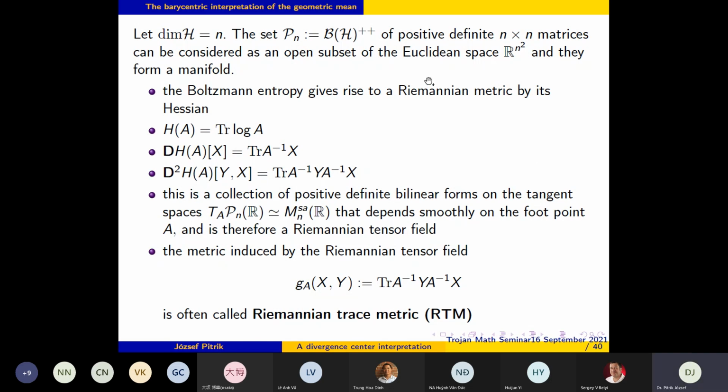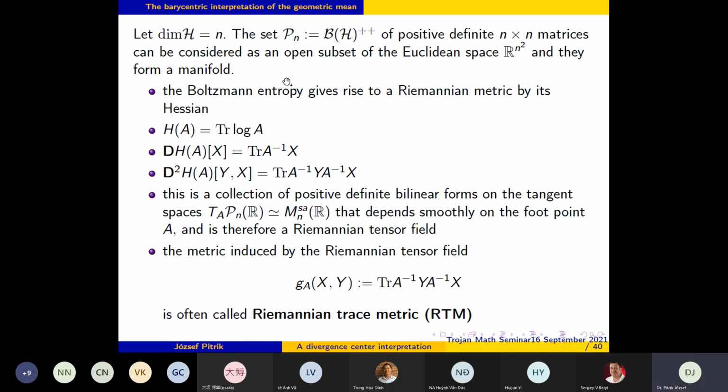And the positive definite matrices, which will be denoted by P_n from now on, form an open subset of this Euclidean space, and they form a manifold.